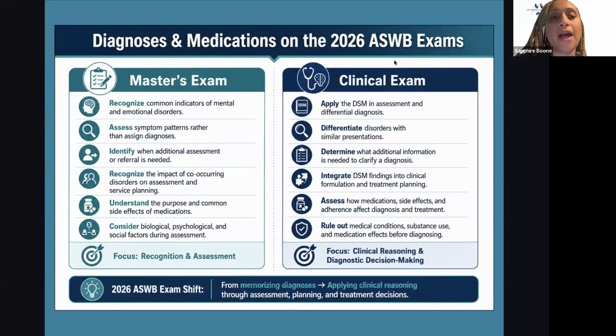In terms of how you're going to approach the client, you want to really understand how the DSM-5 plays a role in how you're treating the client. Same with the side effects for the medication. And both, we know that we need to rule out medical conditions, substance use, and medication effects before we say, okay, this is definitely a mental health or emotional disorder.